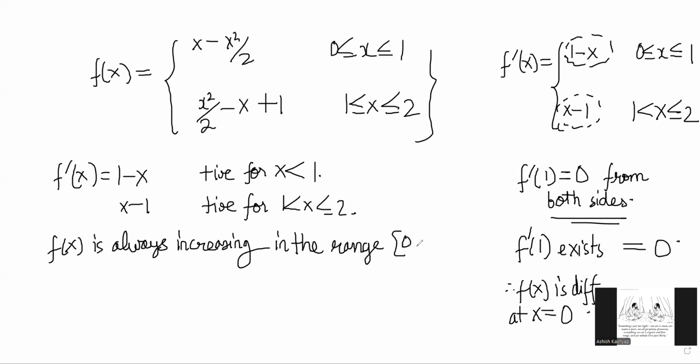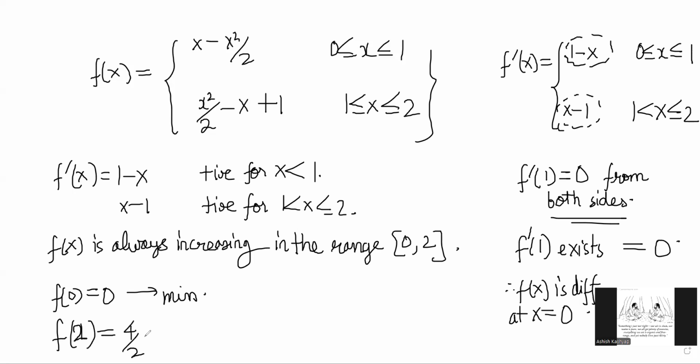Because the derivative is always positive in this range. So if it is always increasing in this range, then the smallest value will be the first point at 0. F of 0 is equal to 0 is your minima, and f of 2 is equal to 4 by 2 minus 2 plus 1 is equal to 1, which is your maxima. So the range of the function is going to be 0 to 1, right? This becomes your range. So that means option A is also correct.